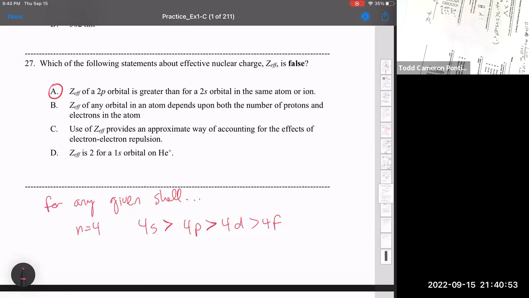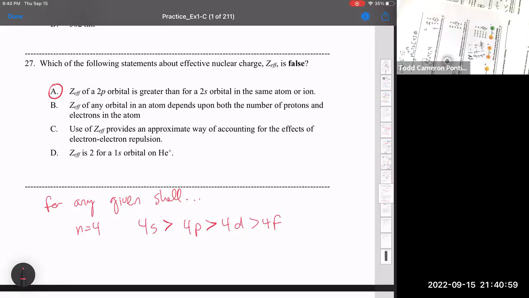But then just to address the other ones here. Effective nuclear charge of any orbital in an atom depends on both the number of protons and electrons. That's true. The more protons, the greater it's going to be. The more electrons, the more shielding there is. C, use of effective nuclear charge provides an approximate way of accounting for the effects of electron-electron repulsion. That's true. The more electrons there are, the more shielding there is.